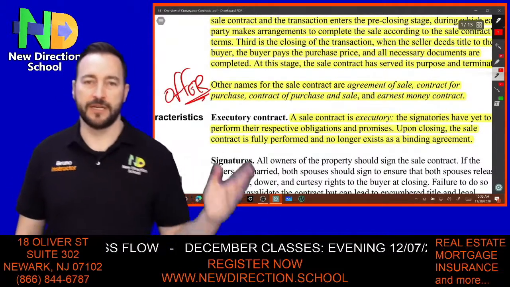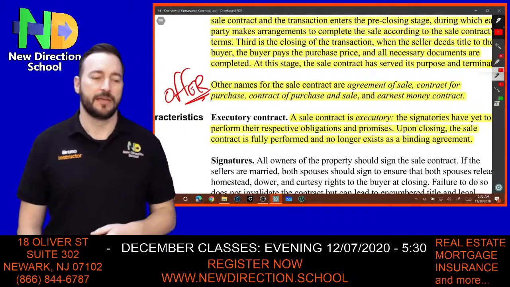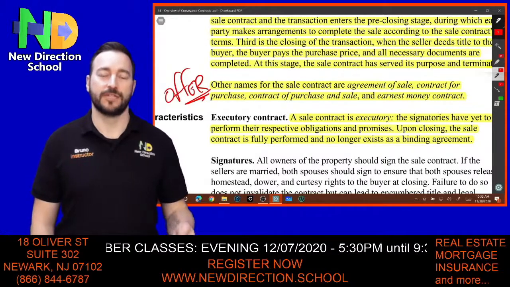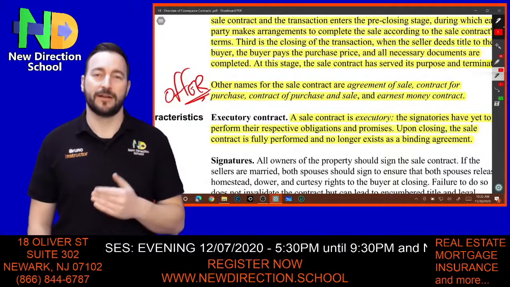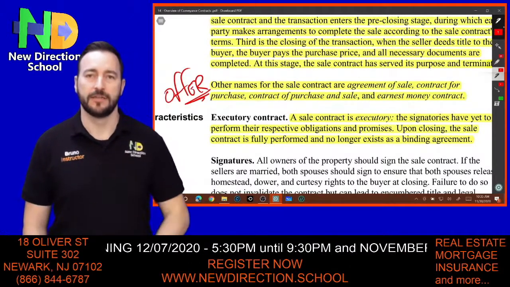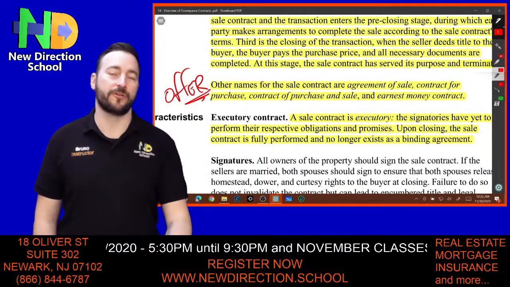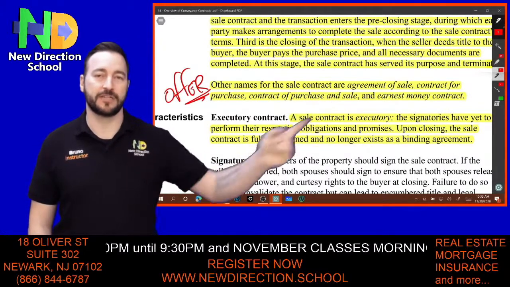The reason why I'm putting offer here is because we just said there are 3 stages to this, right? And in most states of the United States, they allow us to prepare an offer. We talked about this, which contracts we can prepare or not. We're going to mention it again today. But they allow us to prepare an offer, and if that offer is accepted, then automatically that offer becomes a contract.